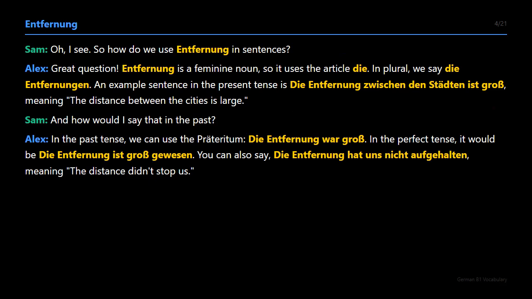Die Entfernung war groß. In the perfect tense, it would be Die Entfernung ist groß gewesen. You can also say Die Entfernung hat uns nicht aufgehalten, meaning the distance didn't stop us.